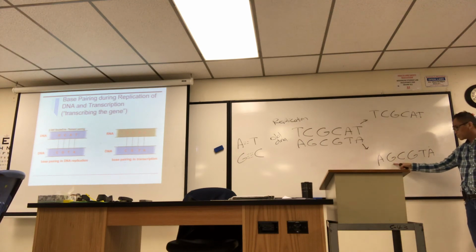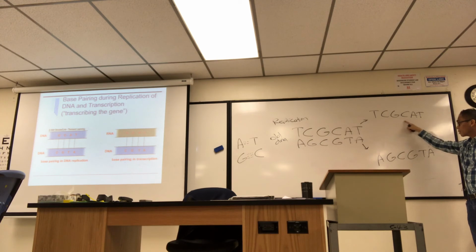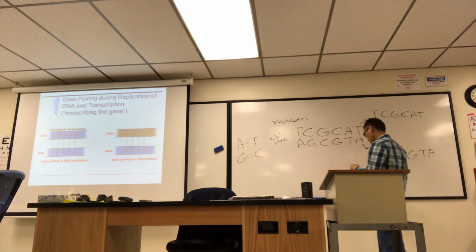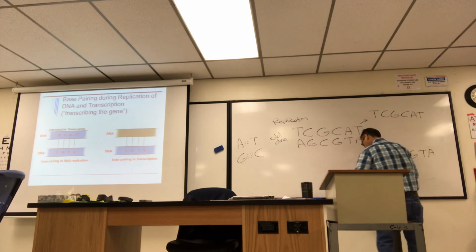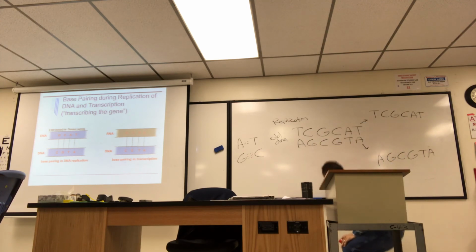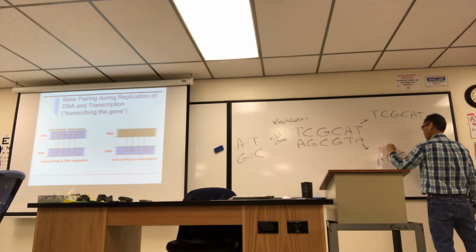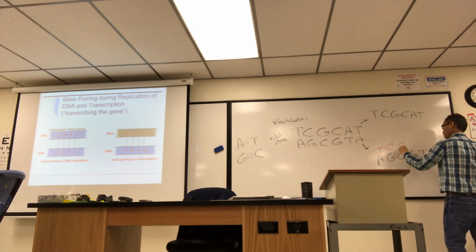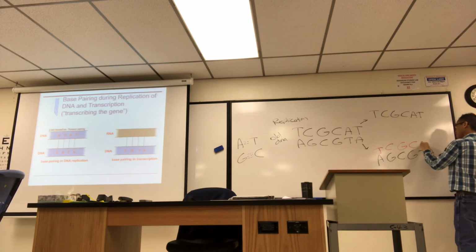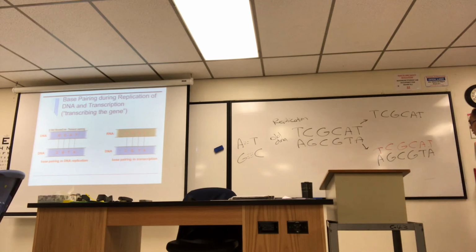Now you've exposed the sequence, and now you can replicate. So you just base pair this one. T, C, G, C, A, T. Right? And do the same thing with this one. Replicate that.